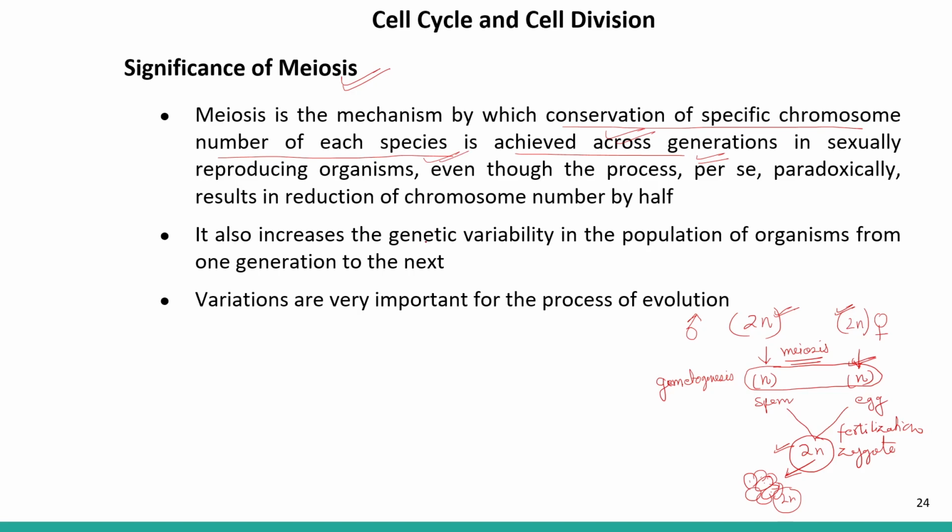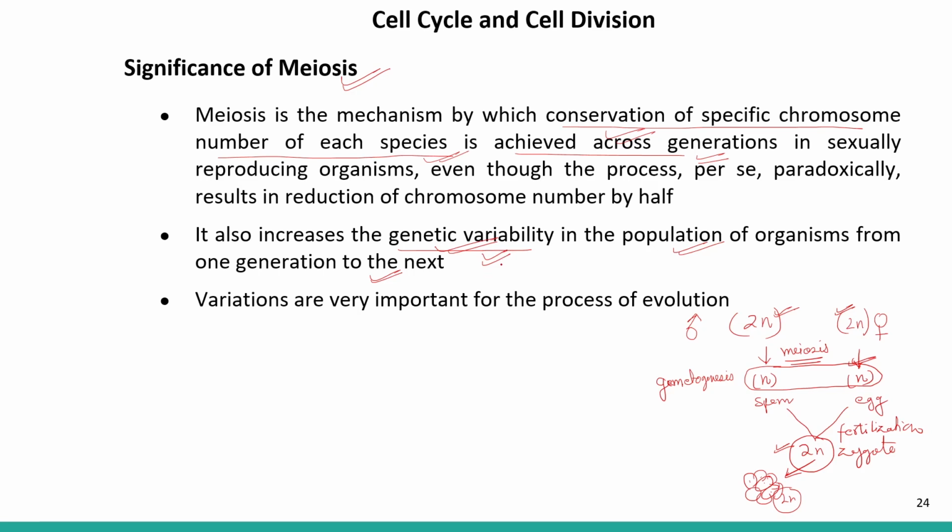So it also increases the genetic variability in the population of organisms from one generation to the next. So how does the genetic variability come? We have seen that crossing over takes place in the prophase 1 stage, right? Prophase 1 stage of meiosis 1. So that is the recombination.